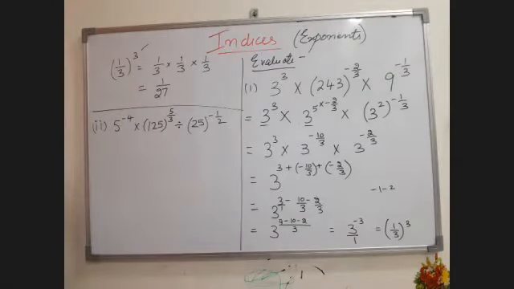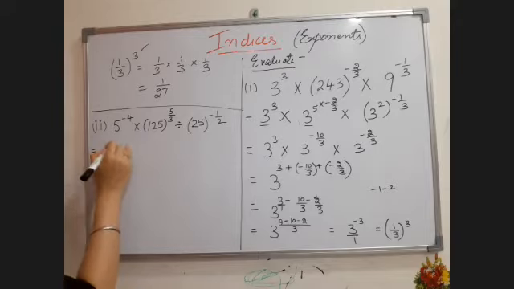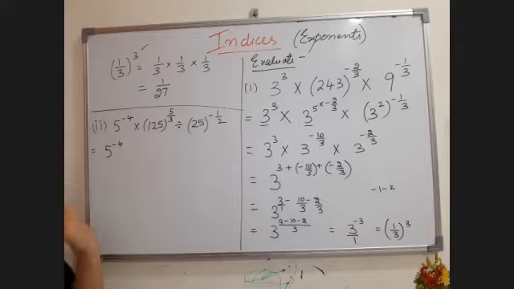Okay. So same rules again, we have to follow. So 5 to the power minus 4. Here, first of all, wherever you see a fraction, just convert those numbers if possible. Every time it may not be possible, but if it is possible, we can convert these numbers into their exponential form.